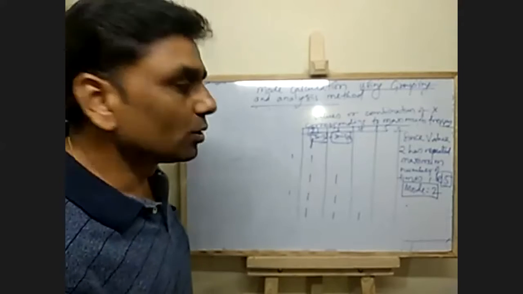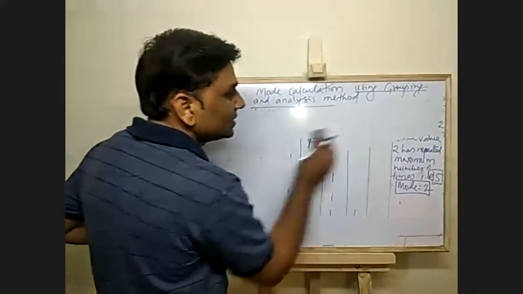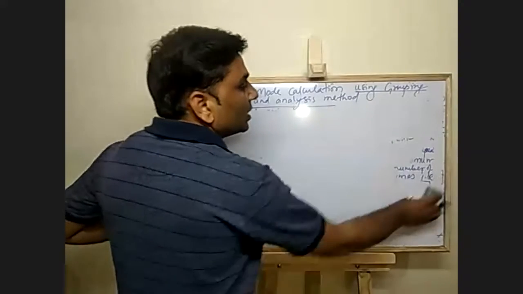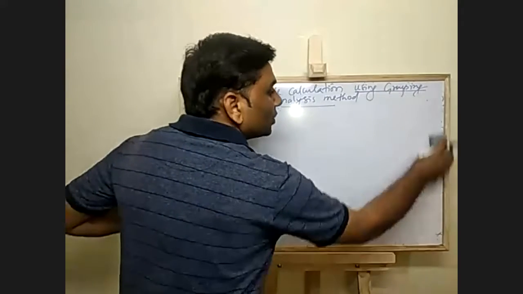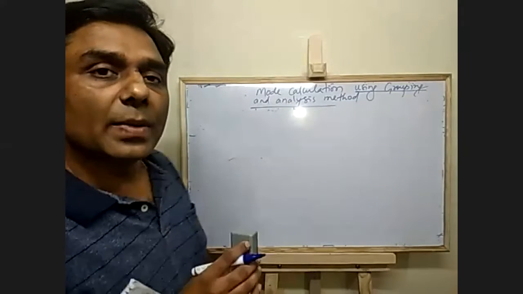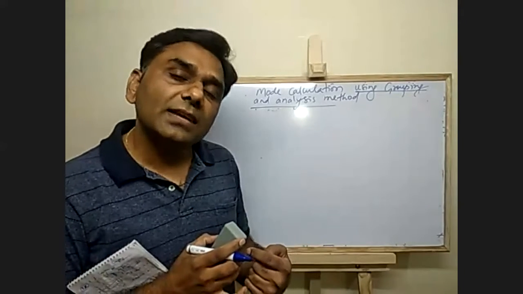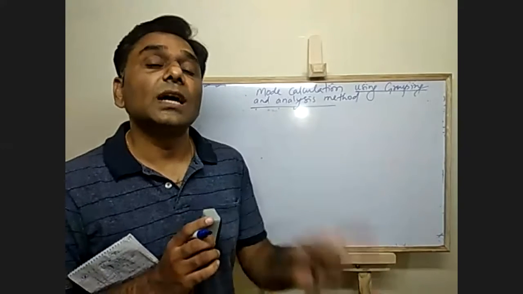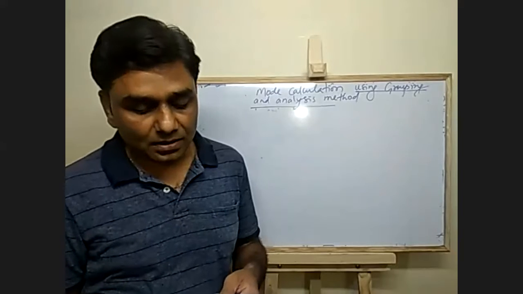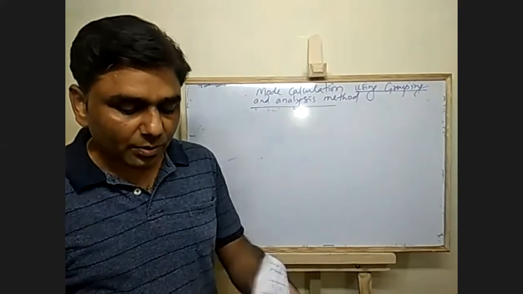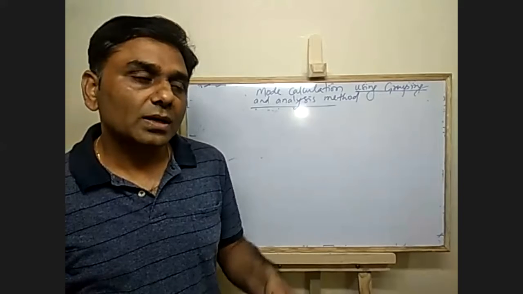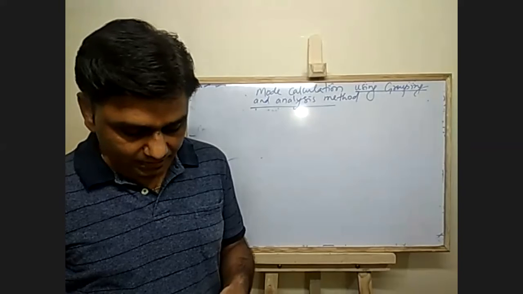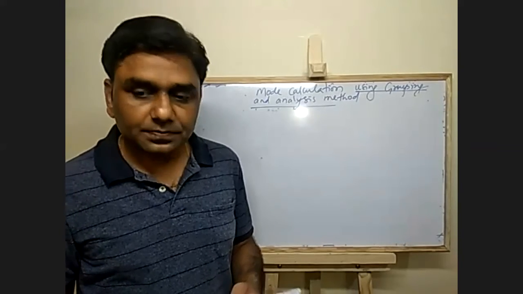By observation, you will know which is the highest frequency, and that is your modal class. But if you have to do calculations, use the empirical formula, find out the mode, and see whether the mode is lying in the modal class which has the highest frequency. Okay, that is going to be one of the lengthiest problems, which we will solve in the next.